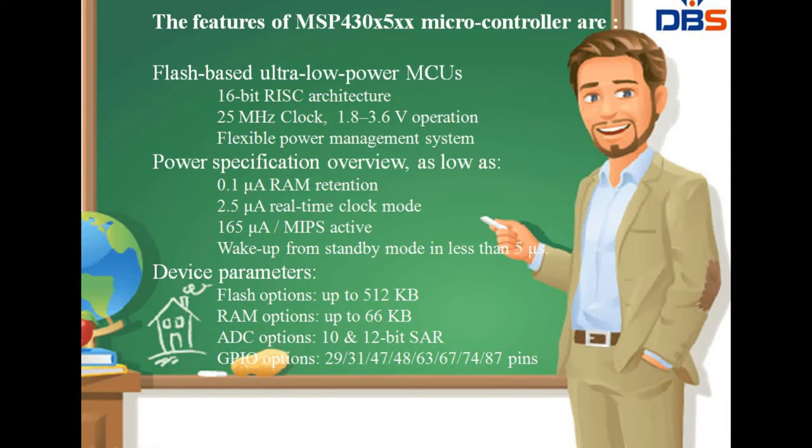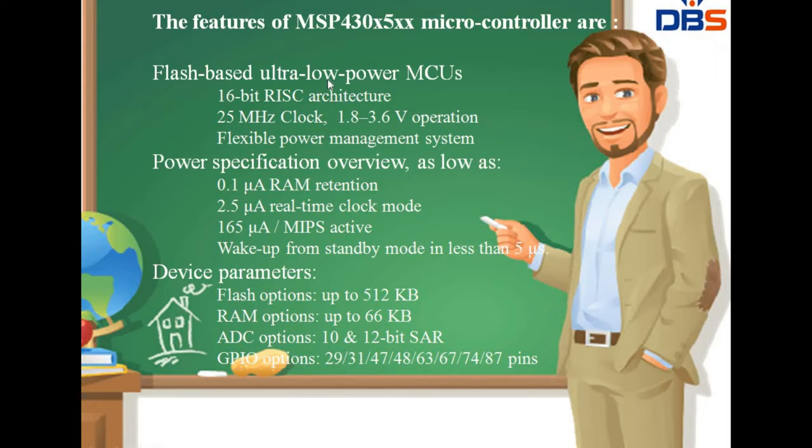Here we are going to discuss the MSP430x5x6 microcontrollers, and based on the flash memory, power consumption and device parameters, here are the specifications of that family, which is in our syllabus.